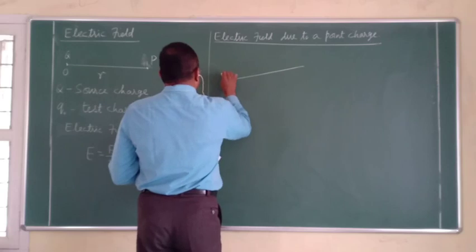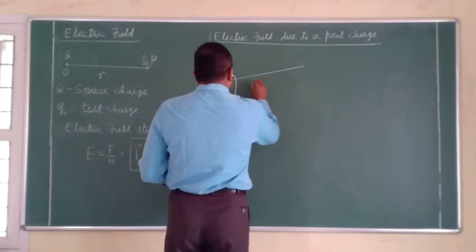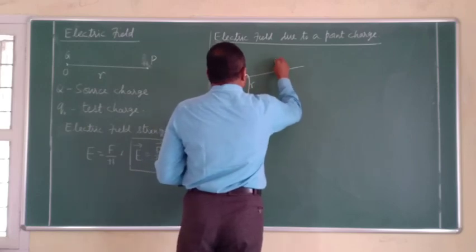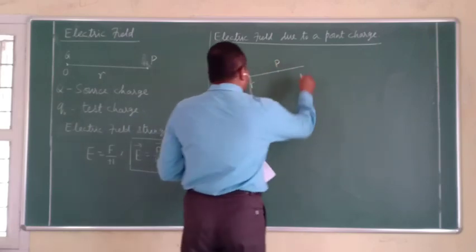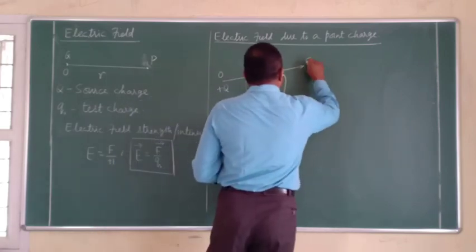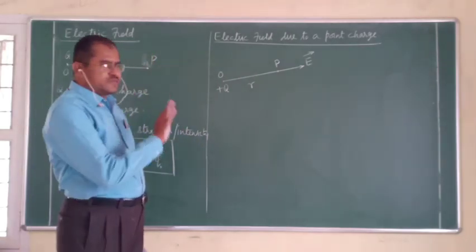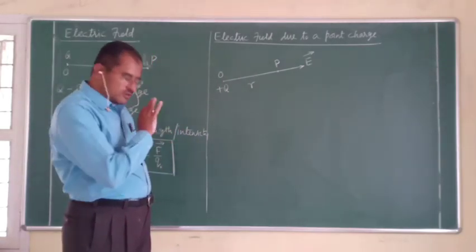Let me take this point as O, where a charge Q is there. At a distance R, there is a point P. Electric field due to a positive charge will be pointing outwards. The situation is very simple. The problem is very simple.